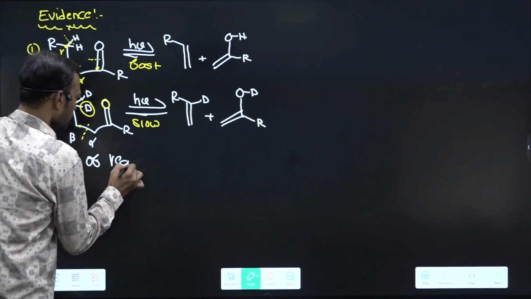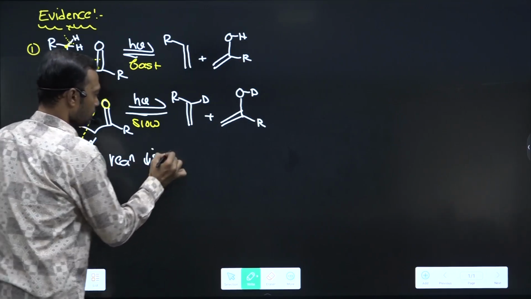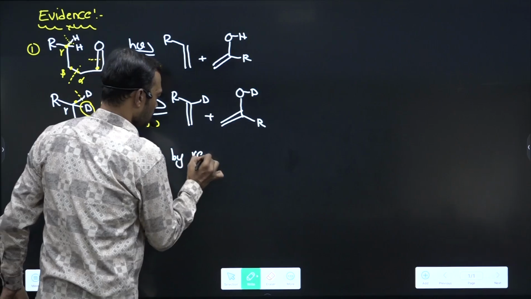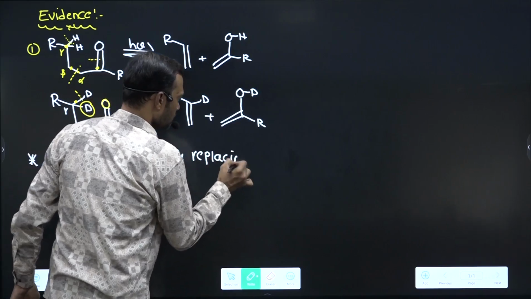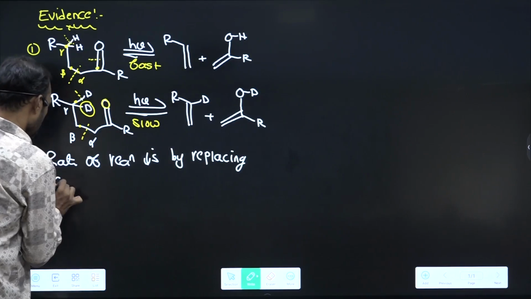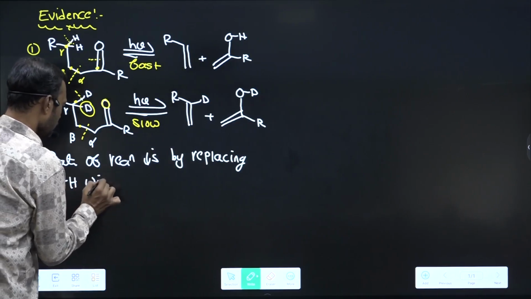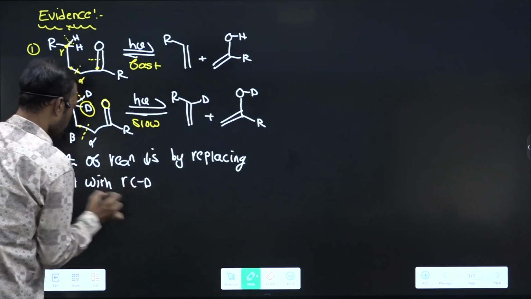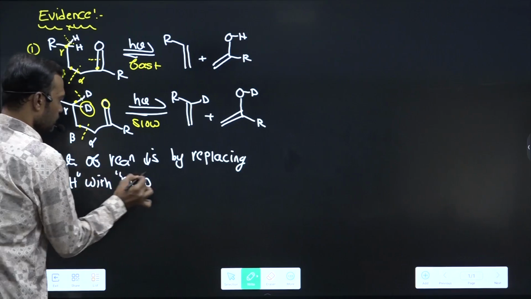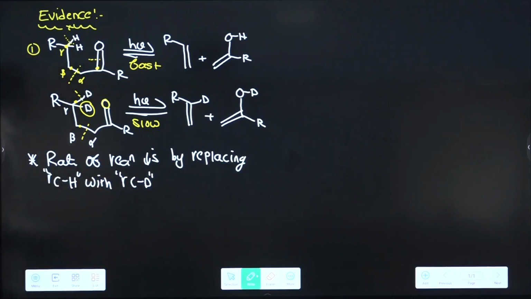The rate of reaction decreases by replacing the gamma carbon hydrogen with gamma carbon deuterium, a heavier isotope, which indicates that an isotopic effect is observed. Definitely the gamma carbon hydrogen is migrating.